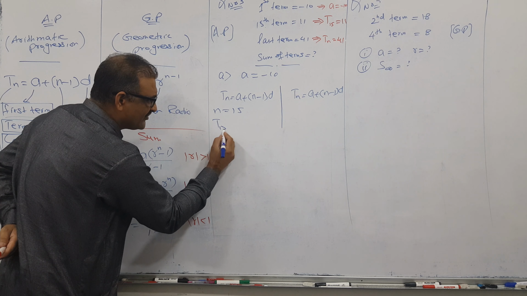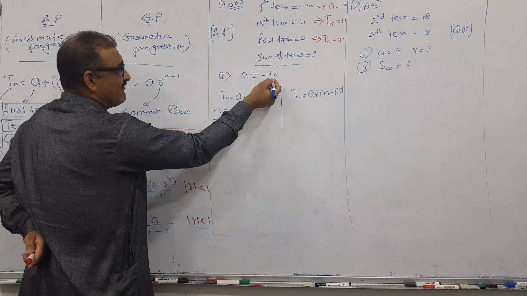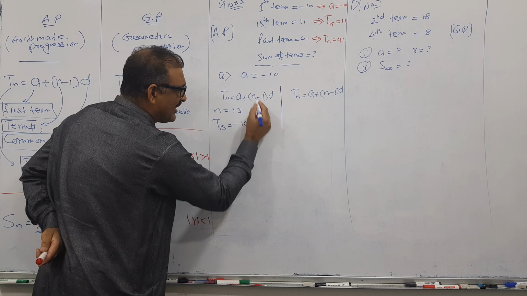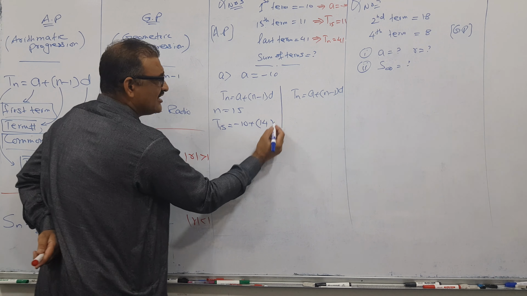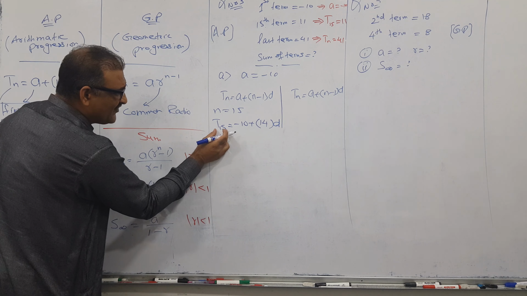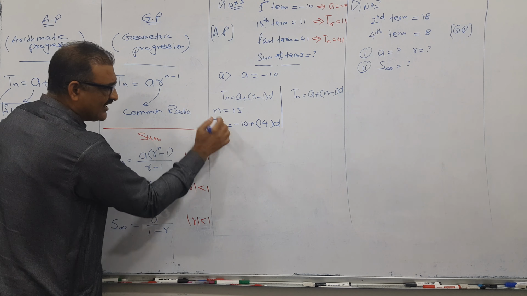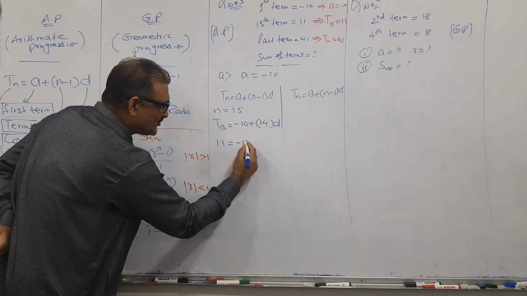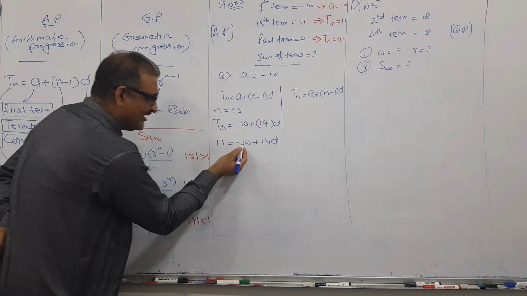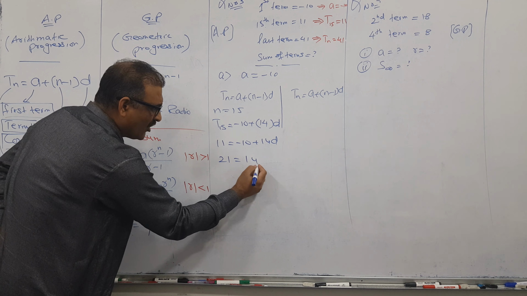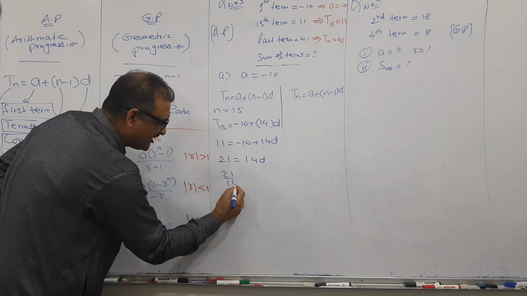It becomes T15 equals A, which is minus 10, plus (15 minus 1), which is 14, into D, which I don't know. But T15 is equal to 11, so I can replace T15 with 11 and get D very easily. 10 plus 11 becomes 21, equals 14 D. 21 by 14 gives you D.